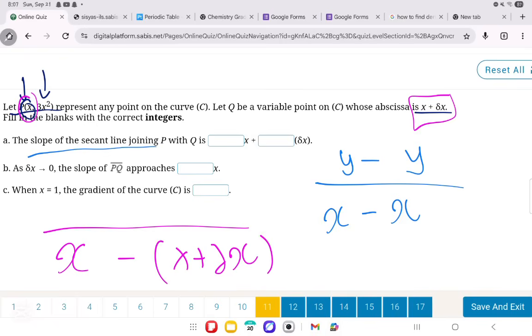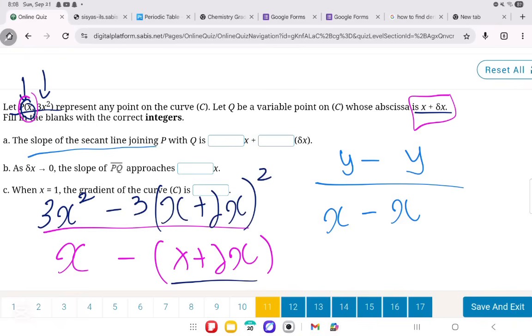Now, regarding the y, we have the y of P, which is 3x squared, minus the y of Q, which is 3 times its x, which is (x plus delta x) squared. Are you understanding what I'm getting at? So look, they gave us the x of P and the x of Q. We did 3 times x squared, so we also did 3 times x squared for Q. So our x is the only thing that differs.